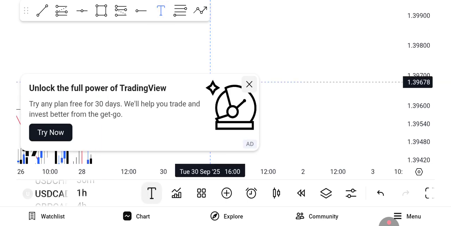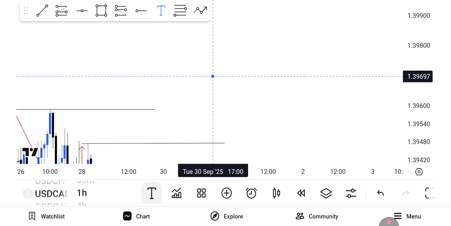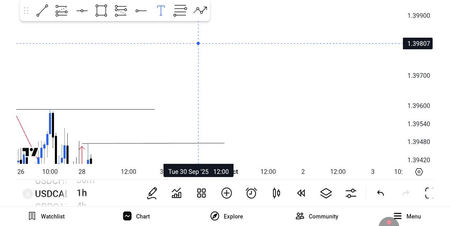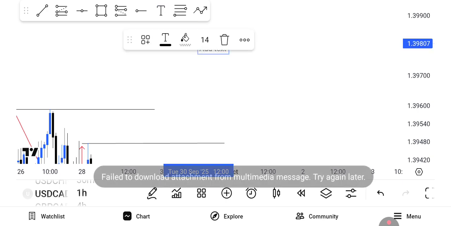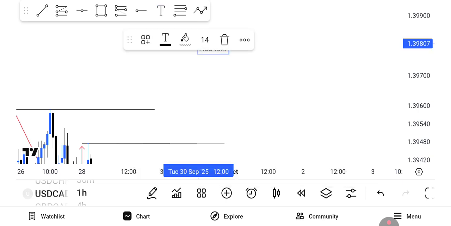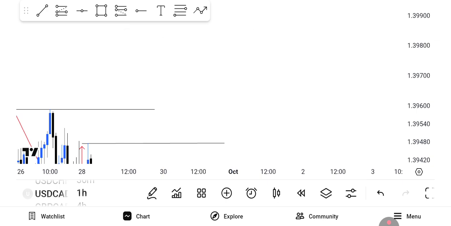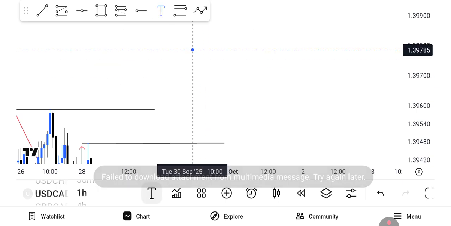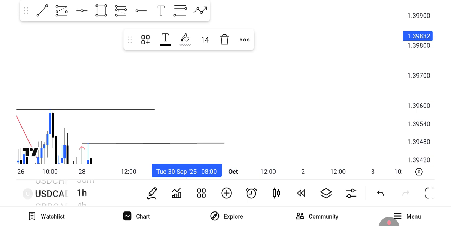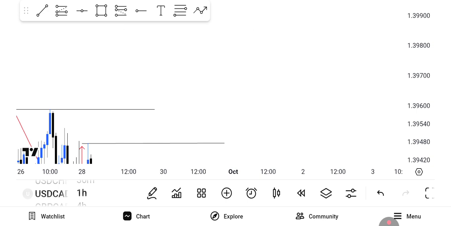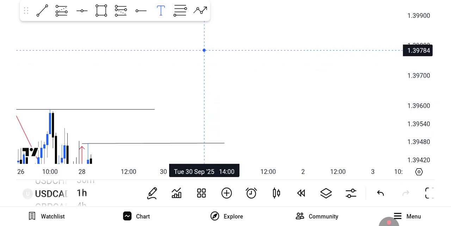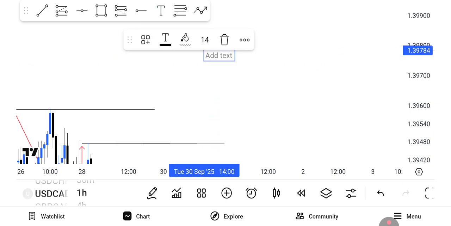We know that number one that we are looking for is our structure. That's the first thing that you are looking for, and we have already checked the structure on the higher time frame. The structure on the higher time frame says that we are bearish.